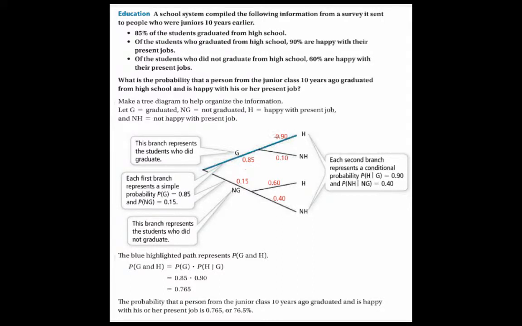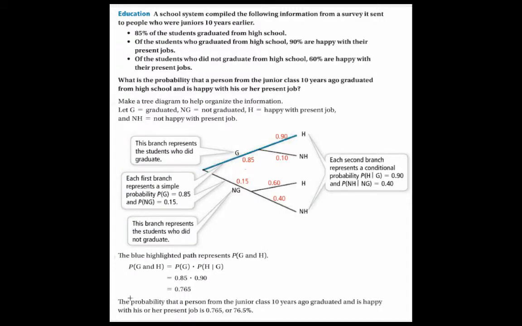So we're looking at these 2 values. The blue highlighted path represents what we need to find out. What is the probability that they graduated and are happy? We take the probability that they graduated and multiply by the probability that they're happy given that they graduated. Those 2 probabilities are 0.85 and 0.90. Multiplying those 2 together, you get 0.765.